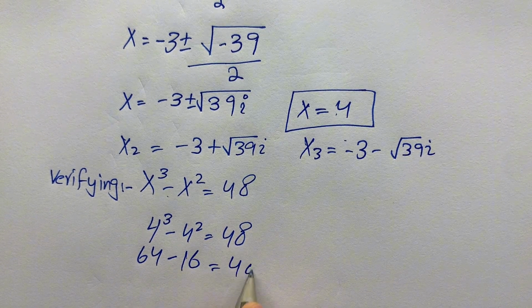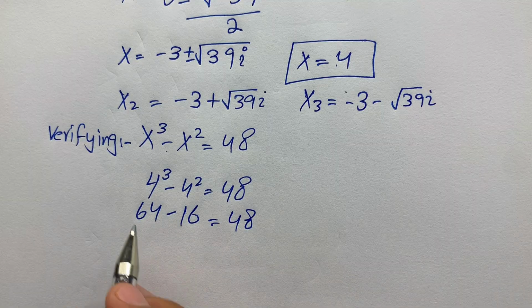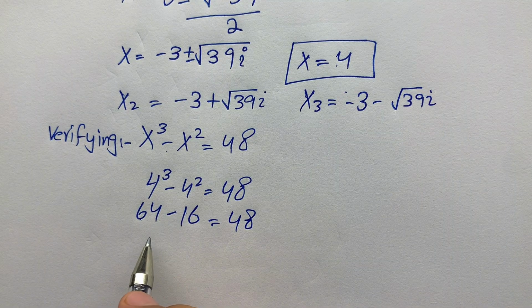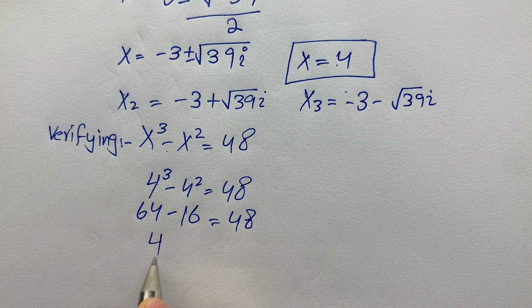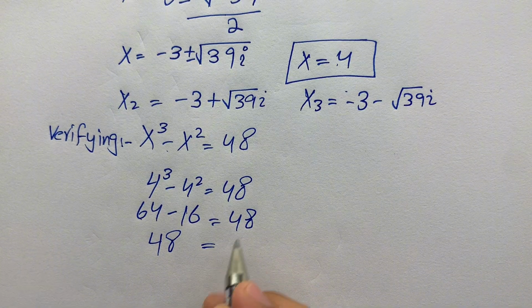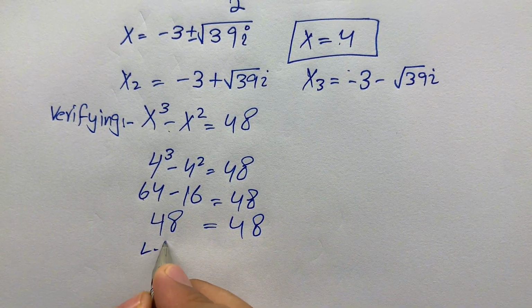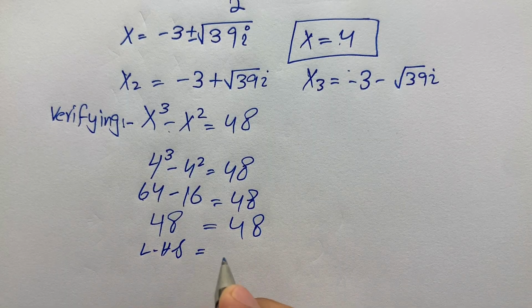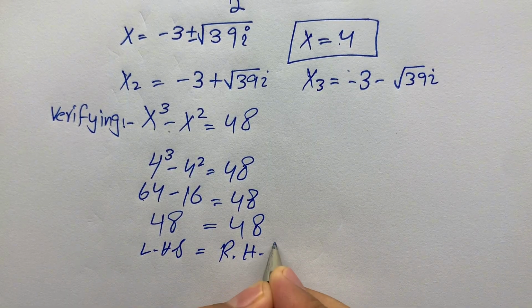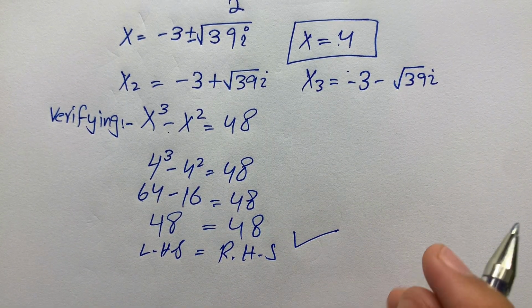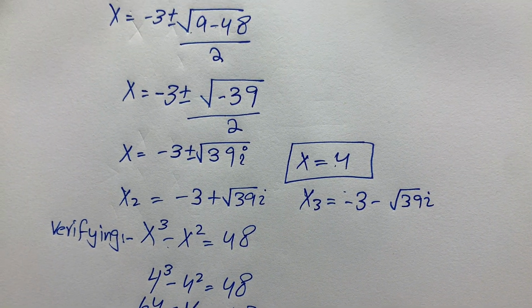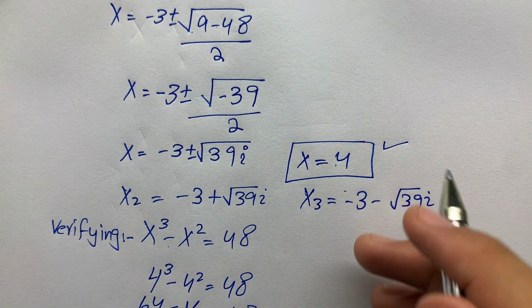Now 64 minus 16 is 48, which is equal to 48. Our left hand side is equal to right hand side. Now our answer is verified and our value of x is equal to 4.